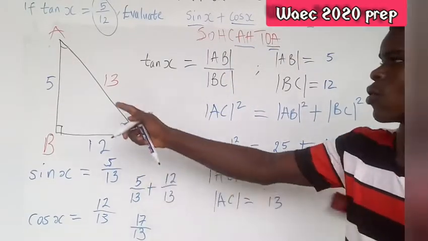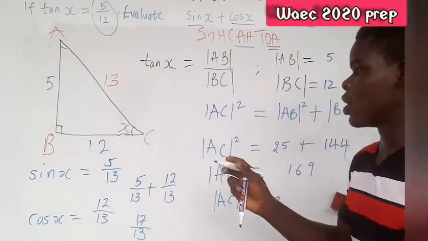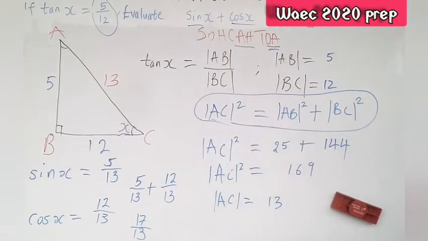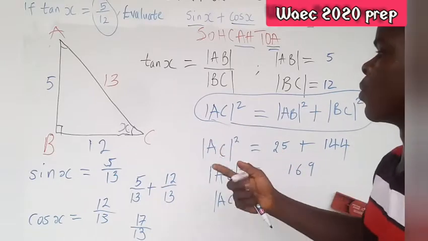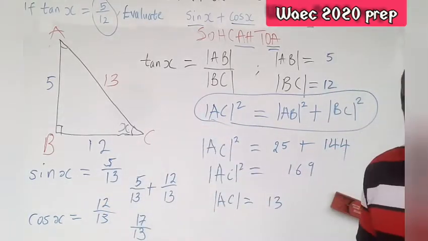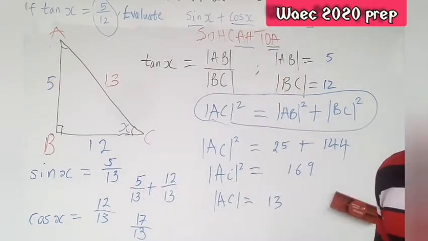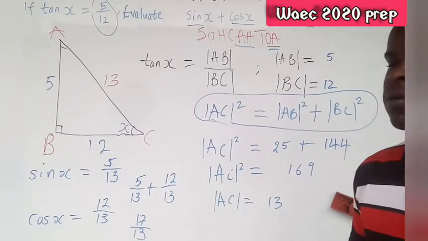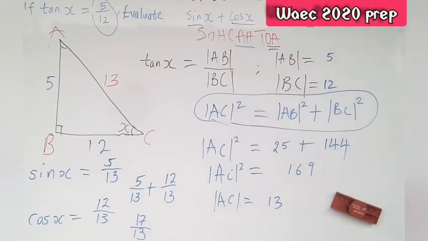From there, you can solve for the remaining side using the Pythagoras rule. After which, you substitute to find the other two trig ratios, and you do your sum and you go away. That's simple enough. You can do this within a minute. Alright, let's move over to another problem.